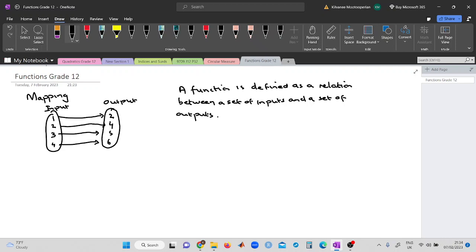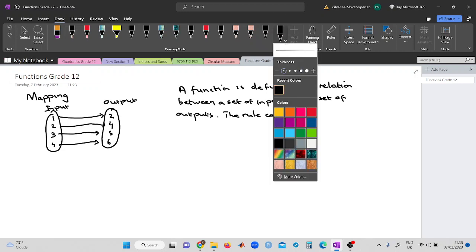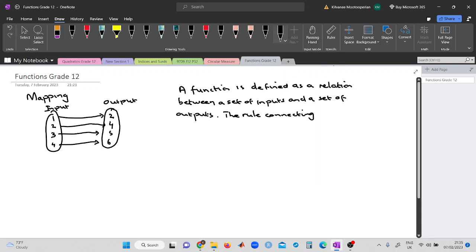Okay, so one way of saying it, for instance, the rule connecting the input and output.